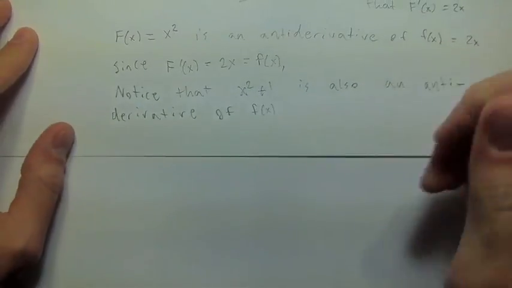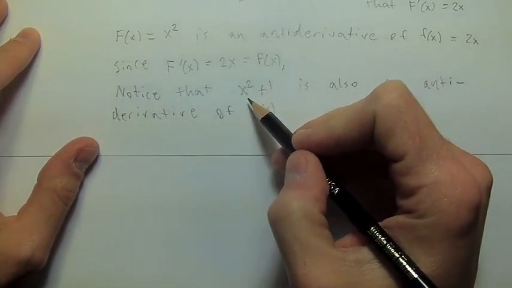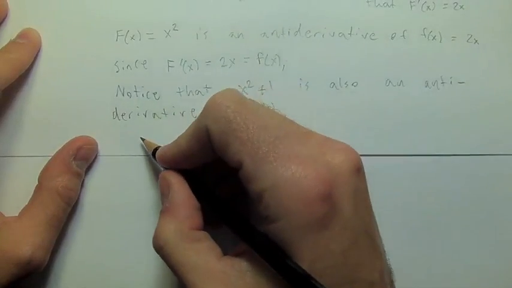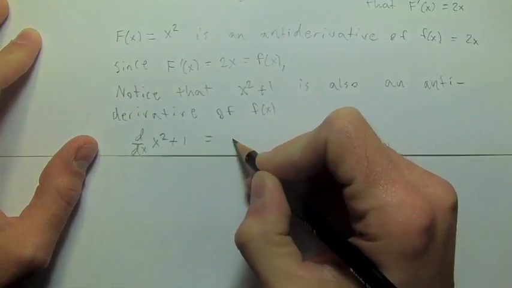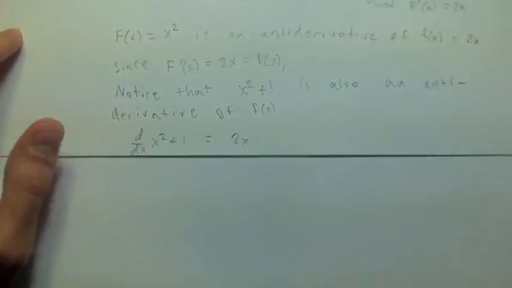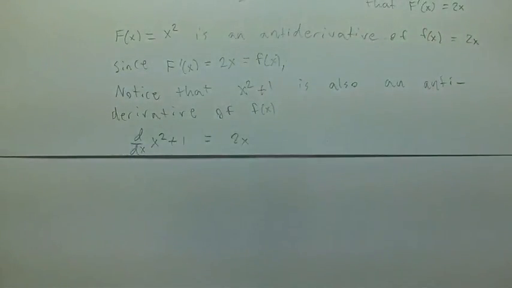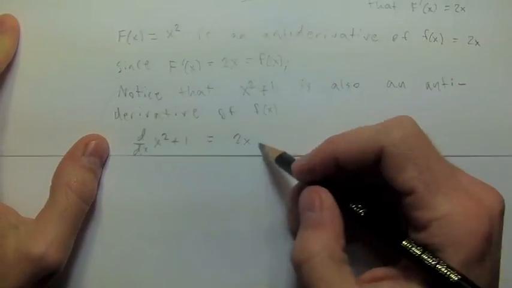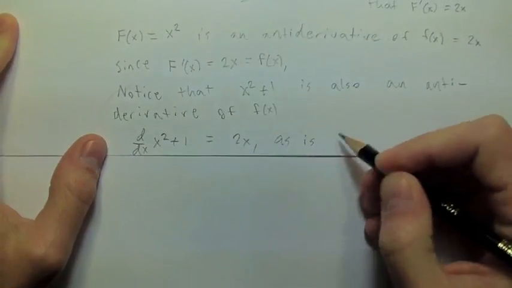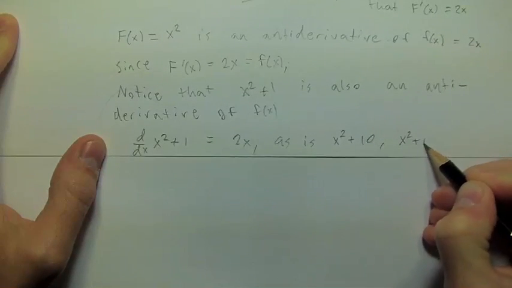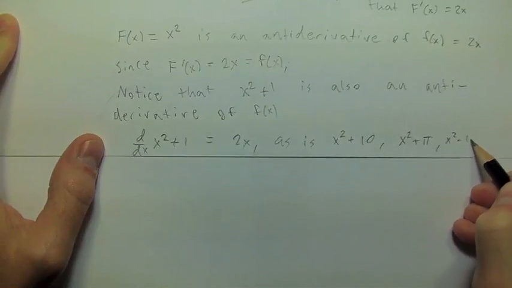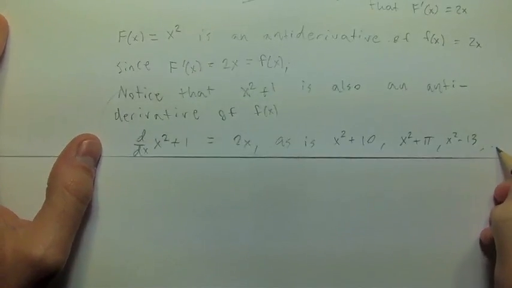Because when we take the derivative with respect to x of x squared plus 1, it is 2x plus 0, of course, because the derivative of a constant is 0. So x squared plus 1 is also an antiderivative of 2x, as is x squared plus 10, x squared plus pi, x squared minus 13, etc.